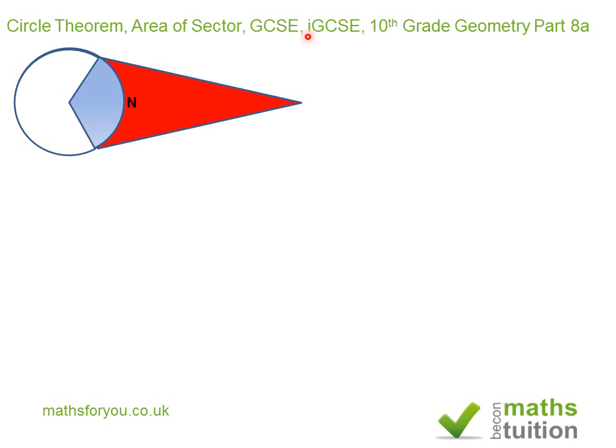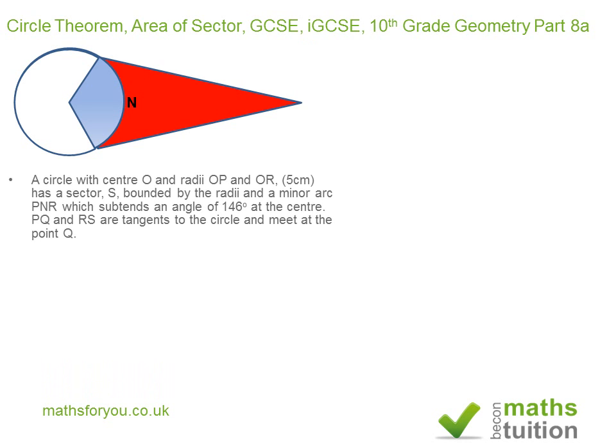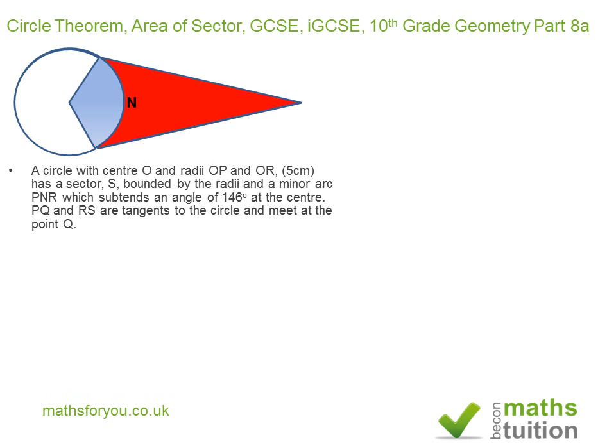Anyway, just to paraphrase, we've got a circle with center at O, and we've got radius OP and OR. We've also got enclosed in here a sector S, bounded by the radius OP, the minor arc PR, and the radius OR as well.